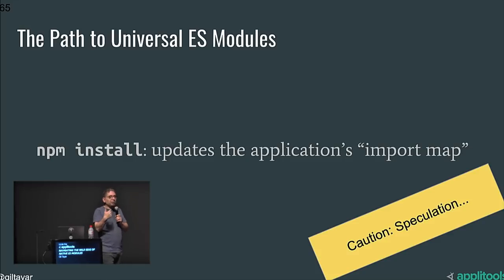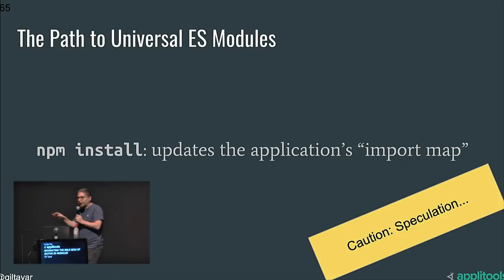So you will npm install your packages and then just import them using native syntax, and then no Webpack is needed. You will just refresh, change the file, refresh the page, or do hot module loading, and boom, everything works. No Webpack, no bundlers whatsoever. By the way, the npm install thing that updates the import map, that's a speculation of mine, so caution here.